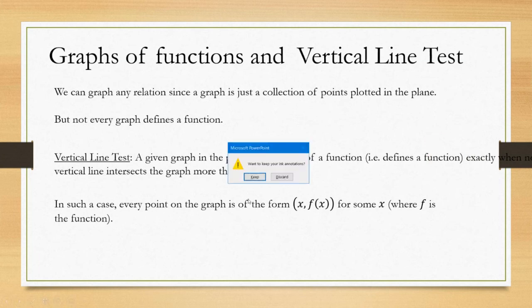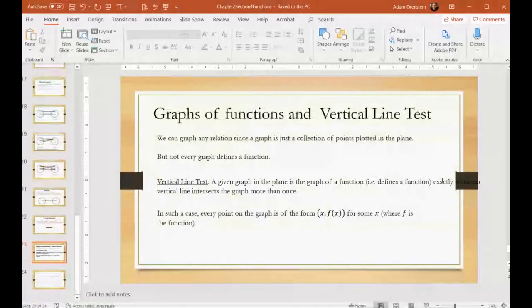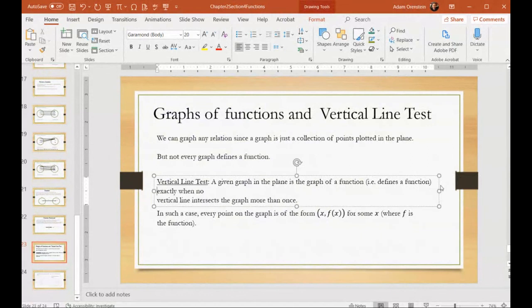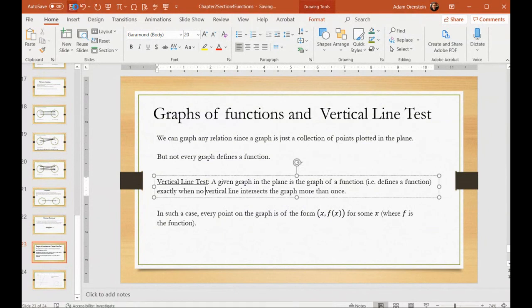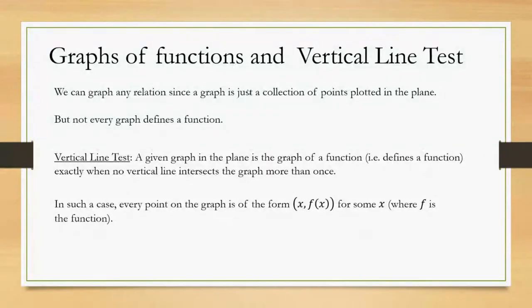Is that word missing from there? Oh, sorry. Something was blocked by this symbol here. So basically, it's a graph of a function exactly when no vertical line can intersect the graph more than once. In other words, any vertical line you draw in the plane is going to intersect that graph at most one time.